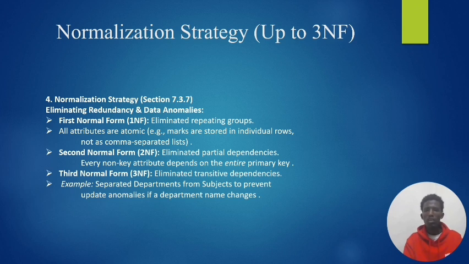If one fails, our database becomes corrupted. By separating departments into its own isolated table and linking it via a foreign key, we only have to update the name in exactly one place.